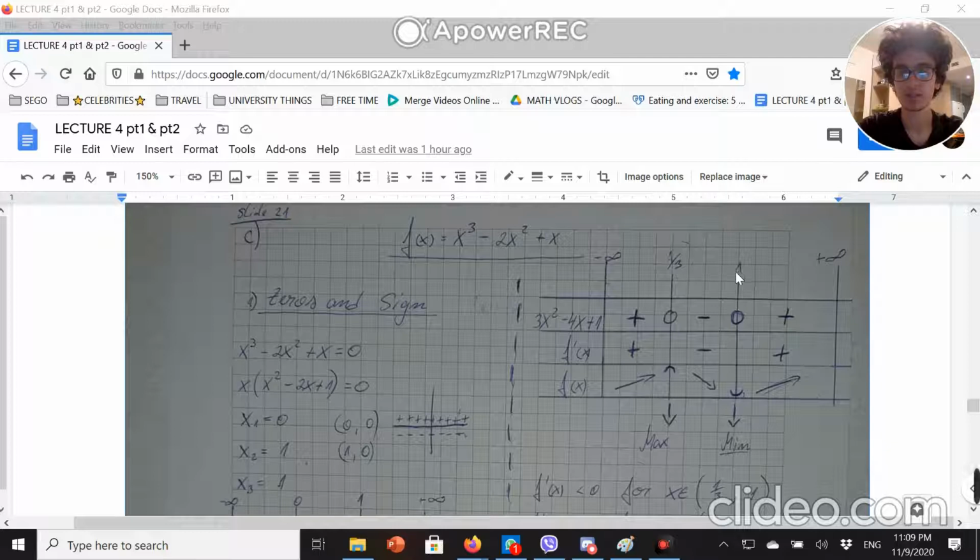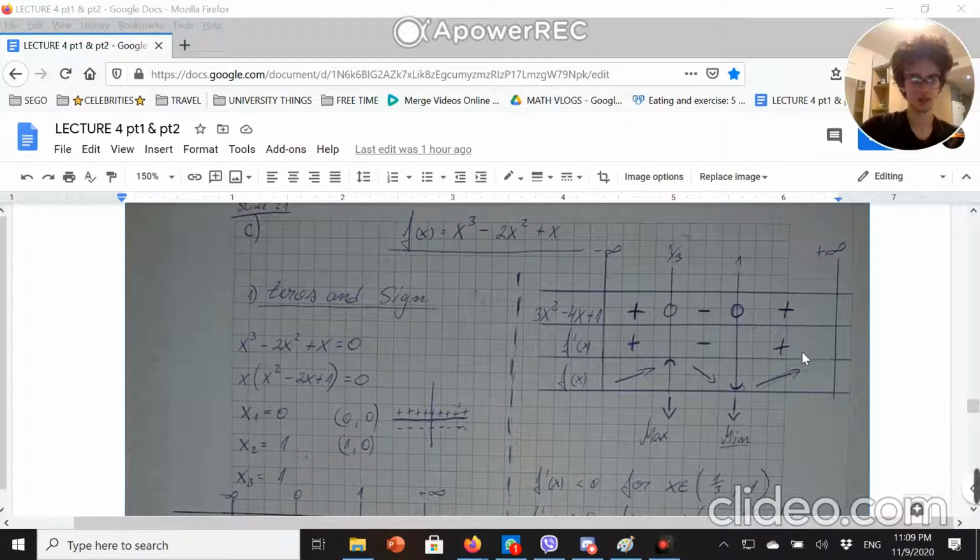Between 1 over 3 and 1 it's decreasing because it's negative, and between 1 and plus infinity it's increasing because, again, the sign over here is positive. So that tells us two things. First thing, that this is literally what our graph is going to look like, this little wave. But it also tells us that we would have our maximum and our minimum point.